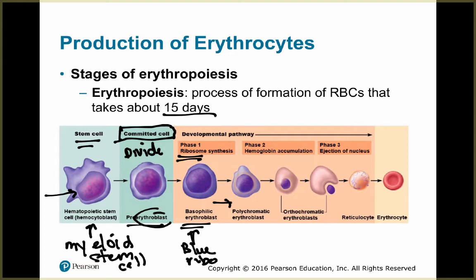And that's because they're starting to produce and accumulate hemoglobin. And so when you go to dye these guys, it starts showing this red hue because essentially you have all that iron that's there.